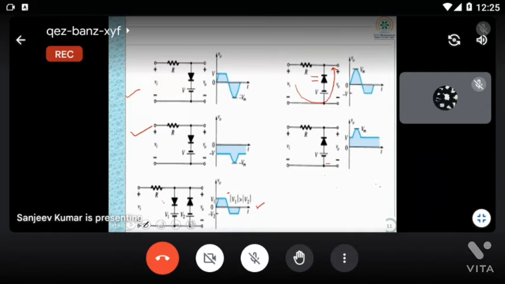Your battery supply voltage is minus V, so you are getting minus V here. Similarly, if for the negative half cycle I take positive V, you get positive V here. Is it clear, or any clarification in a particular circuit, you tell me. Step by step I will do it.